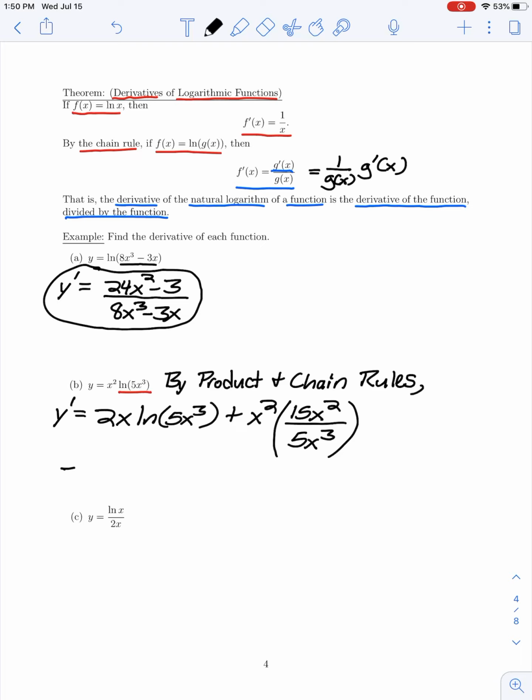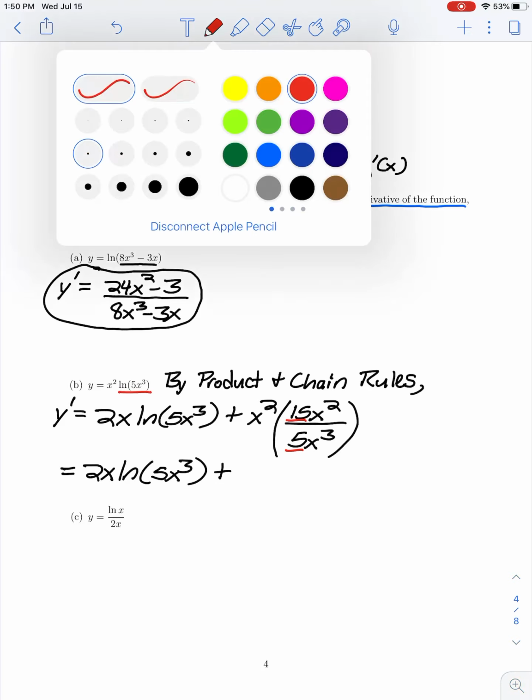Now we can simplify this a bit in the following way. We have our 2x times the natural log of 5x cubed. And then this second part that we're adding, let's see how we can simplify. We have a 15 divided by 5, which will give us a constant of 3.